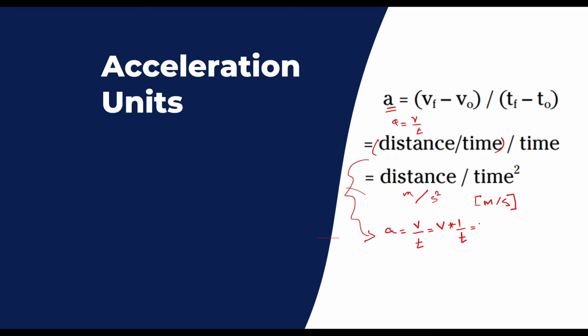Velocity is meters per second, so it can be written as meters over seconds multiplied by 1 over the unit of time, which is seconds. So it will be meters multiplied by 1, that's meters, and over seconds times seconds, that's seconds squared. That's how we came up with the units of acceleration.